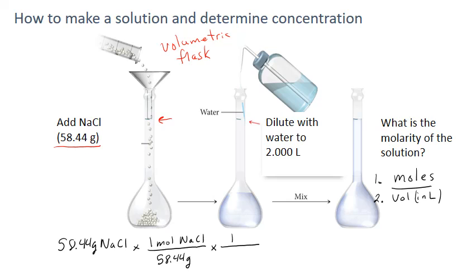We can show that just as multiplying by 1 over the 2.000 liters. And that works out to be 0.5000 moles per liter. Or we could say that it's 0.5000 molar.